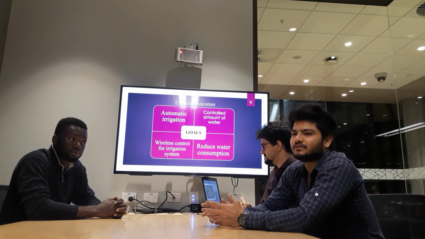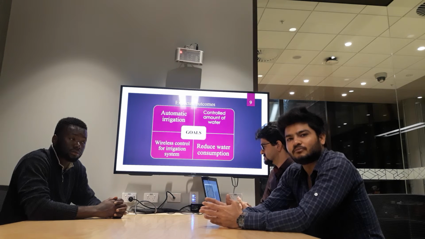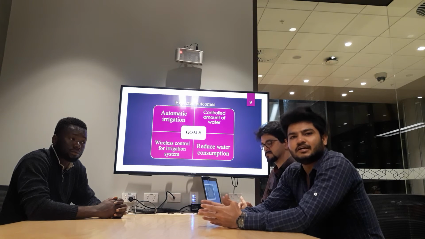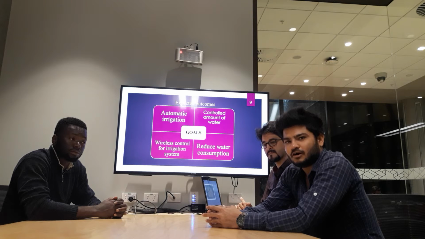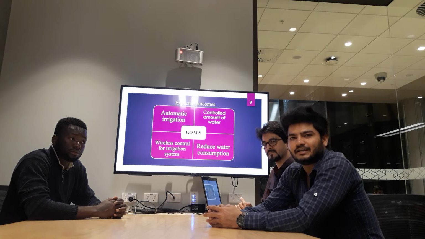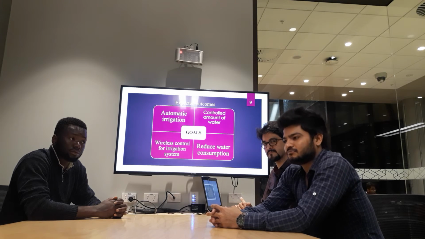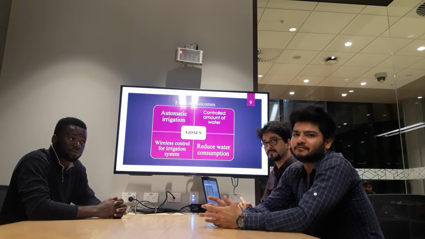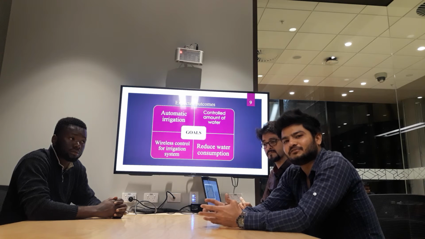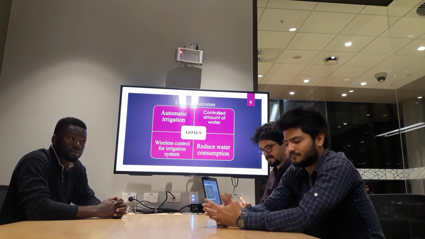And whenever the soil is sufficiently moistened, the water pump will not operate any longer. So we can give a sufficient amount of water within sufficient time to our farm.